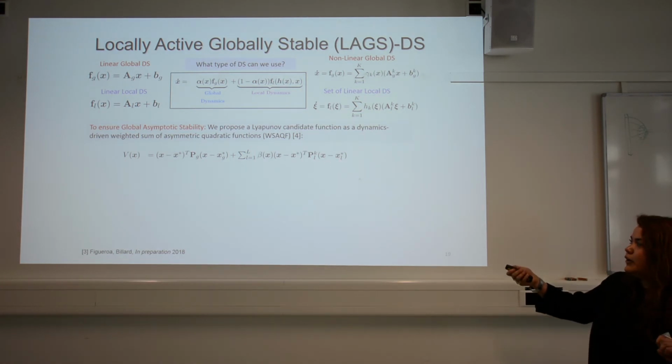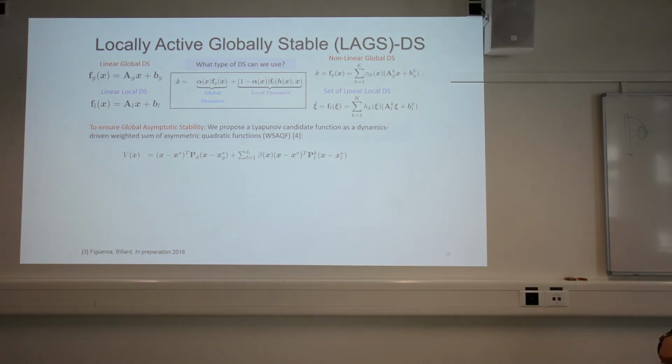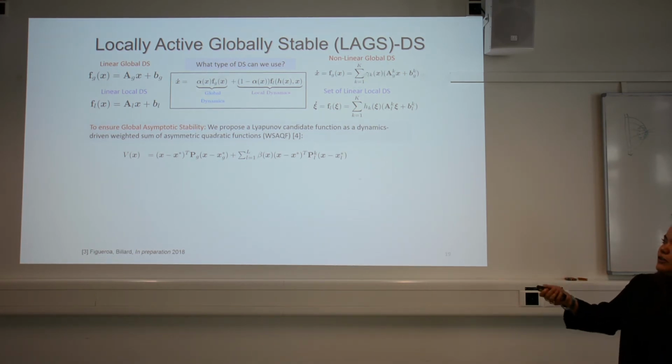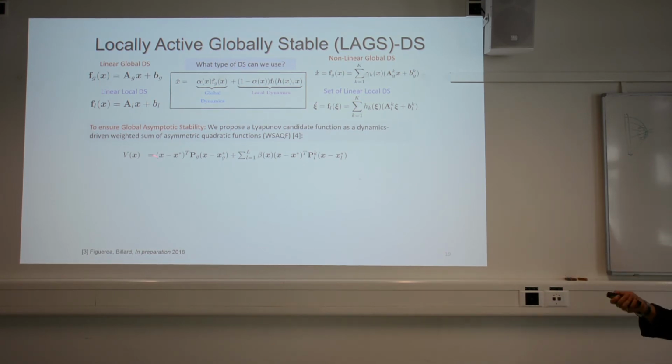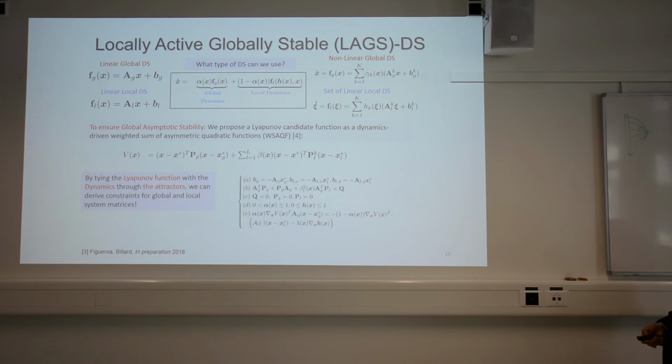These are asymmetric, but we impose the asymmetry with the local attractor of our local dynamical systems. So we're tying this complex Lyapunov function with our complex dynamical system. This Lyapunov function corresponds to the stability of this one, and these correspond to the stability of these ones here.